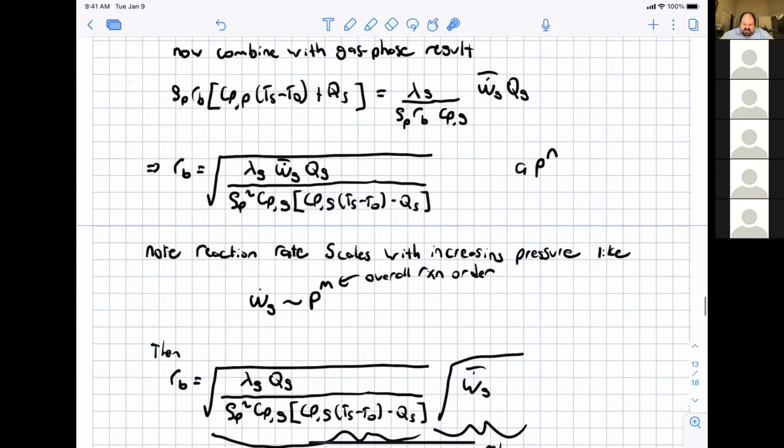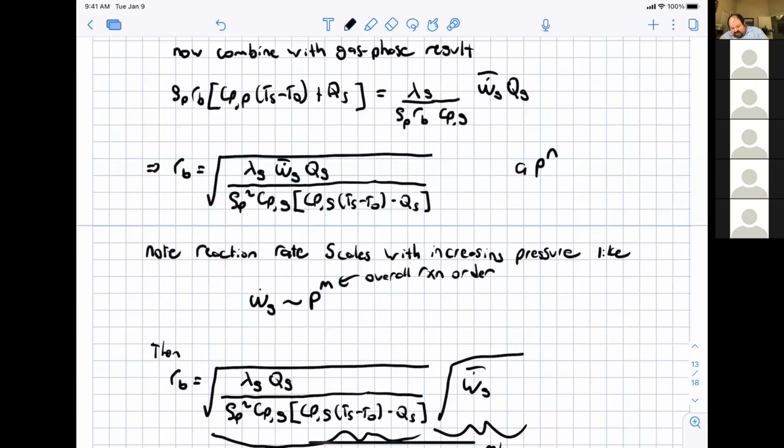Now, where does the pressure dependence come in here? Because nothing here is explicitly a function of pressure, with the exception of the gas phase reaction rate. Recall that we discussed way back in the day, it feels like 47 years ago, when we were discussing the chemical reaction rate, that the reaction rate scales with increasing pressure based on a power law where the exponent is the overall order of the reaction.